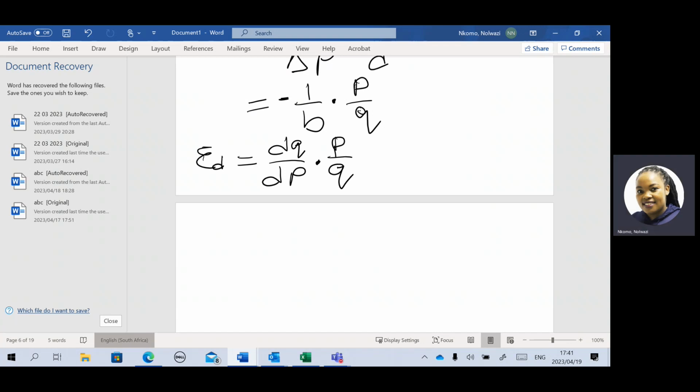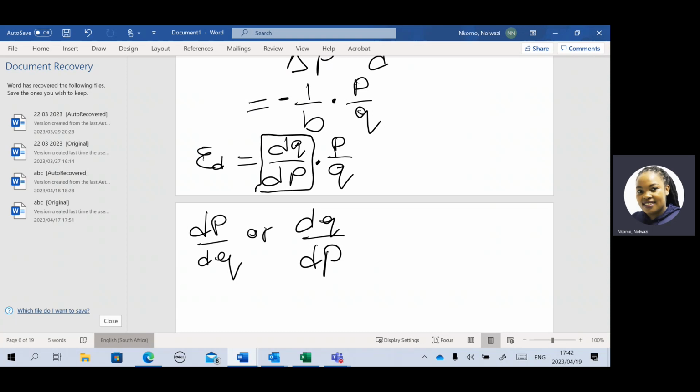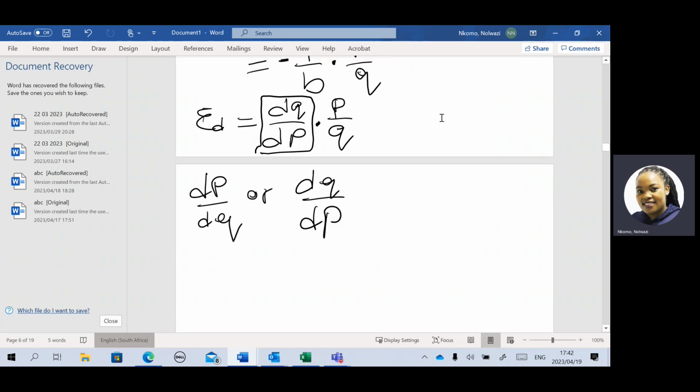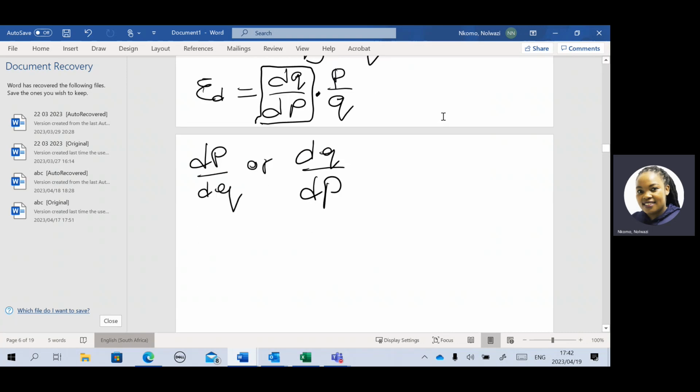The derivative of the demand function would sometimes be given as the derivative of P with respect to Q, or the derivative of Q with respect to P. But you see in our equation, we need the derivative of Q with respect to P. So we just have to find the inverse of this, okay?